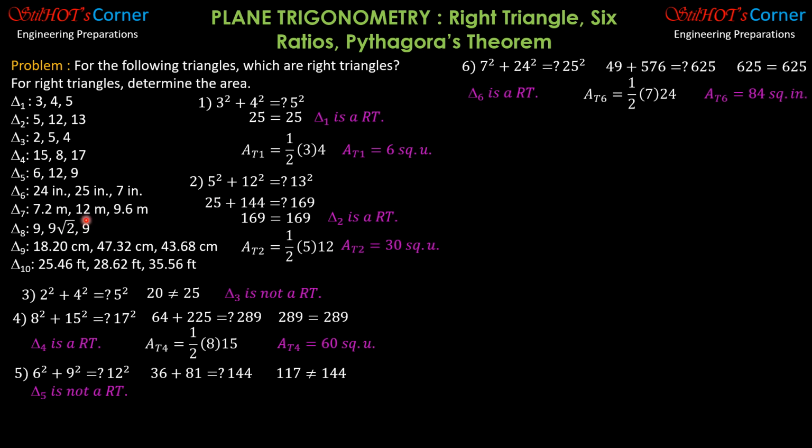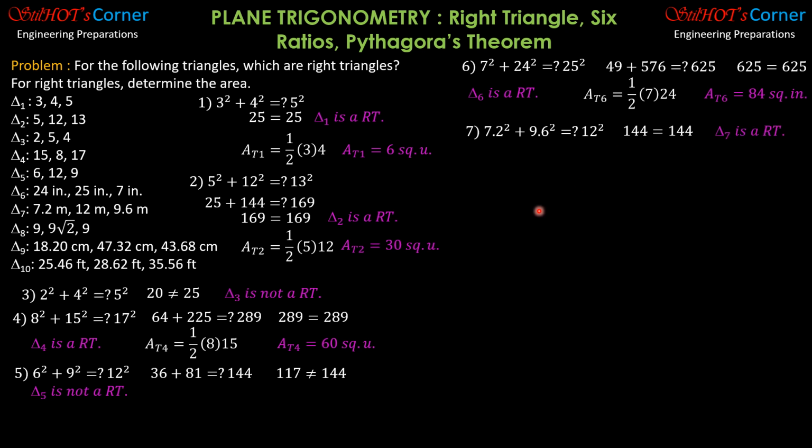Triangle 7, the shorter sides are 7.2 and 9.6. So 7.2 squared plus 9.6 squared, is it equal to 12 squared? So 144 equals 144. Therefore, triangle 7 is a right triangle.